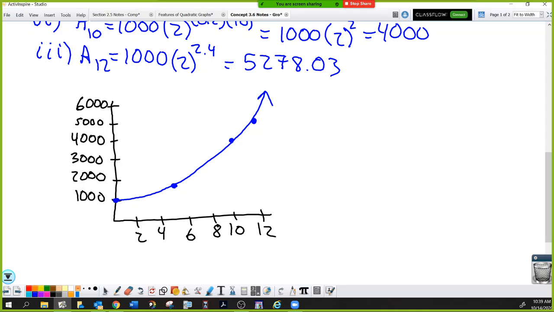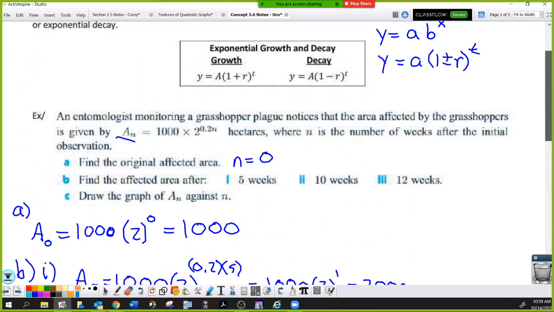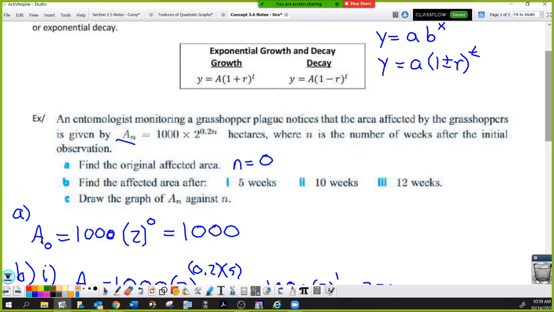The way that this equation is written, 1,000 times 2 raised to the 0.2n, does it fit the mold of growth the way it's written? Does it look like this? No, it doesn't. You know what the problem is? Two things in the exponent. That's a problem. So what do?